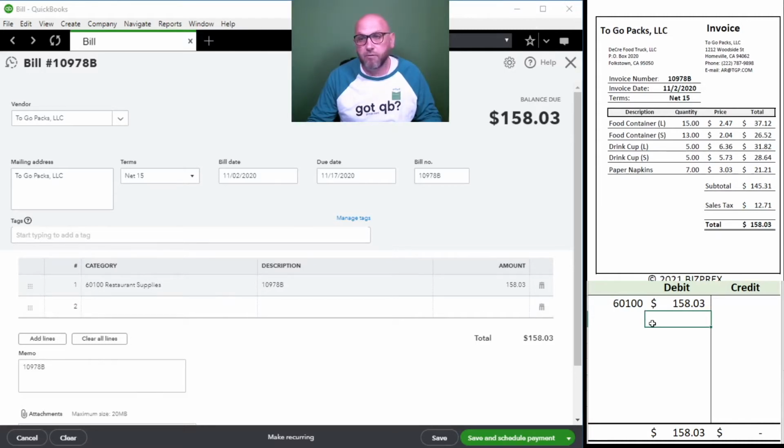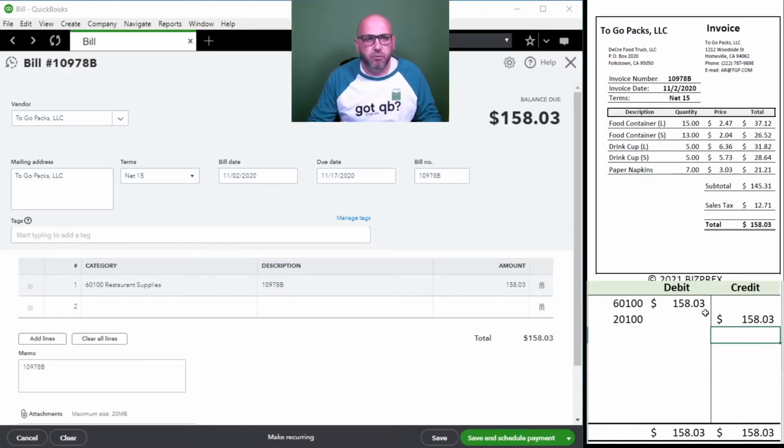Well, we got to have a credit, right? You can't just have debit. You got to have a balance right here. So what's being impacted is our accounts payable account. In our case, it's 2100 and it's being credited. Even though you don't see it right here on this interface, it's there. It's implied. Again, I wish they showed it, but they don't for simplicity, I suppose, to make it more user-friendly.